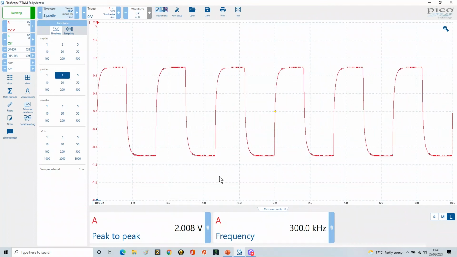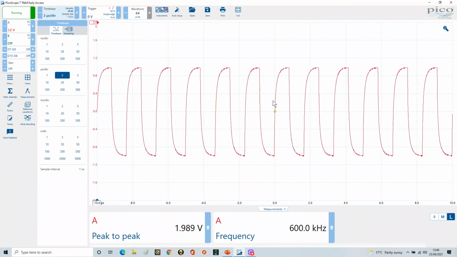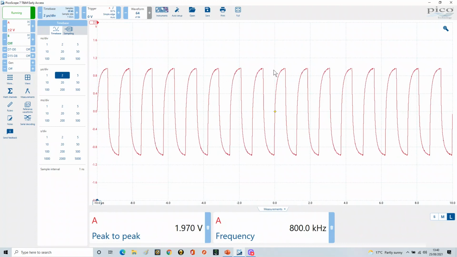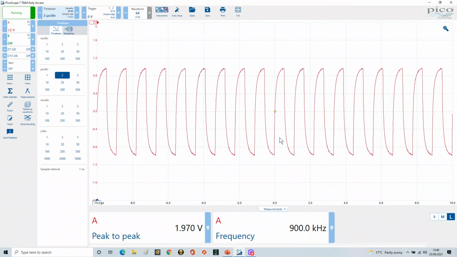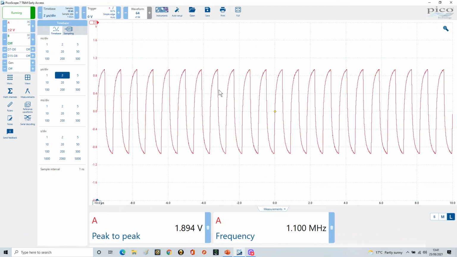You'll start to see the rounding effect, going up to 400 kilohertz, 500, 600, 700, 800 kilohertz. We're starting to get into bandwidth issues here, because this is a times 1 probe. At 900 kilohertz, you see that it's no longer a square wave, it's tending towards a sinusoid.